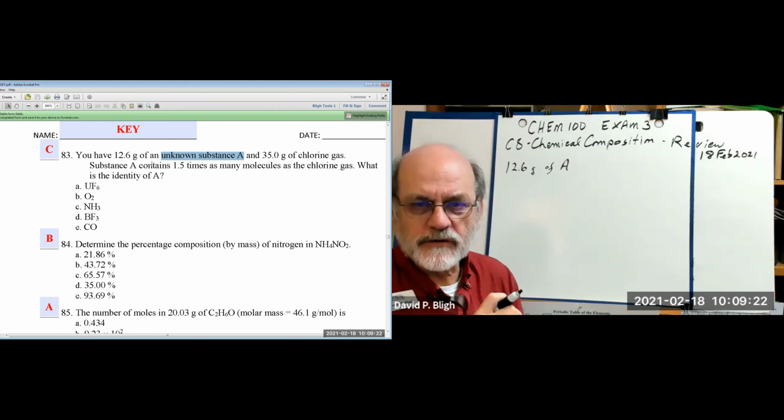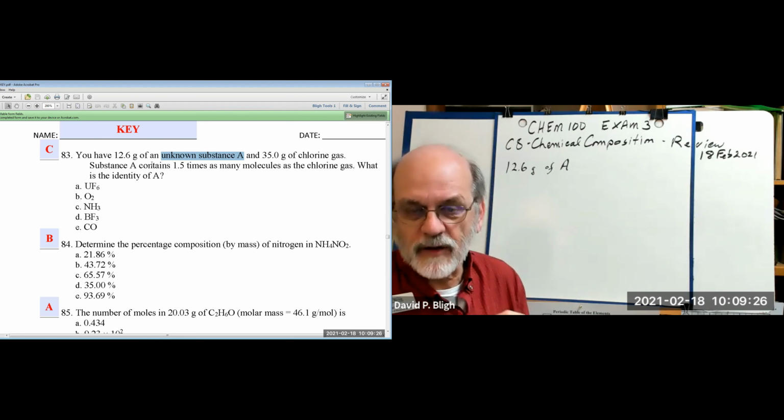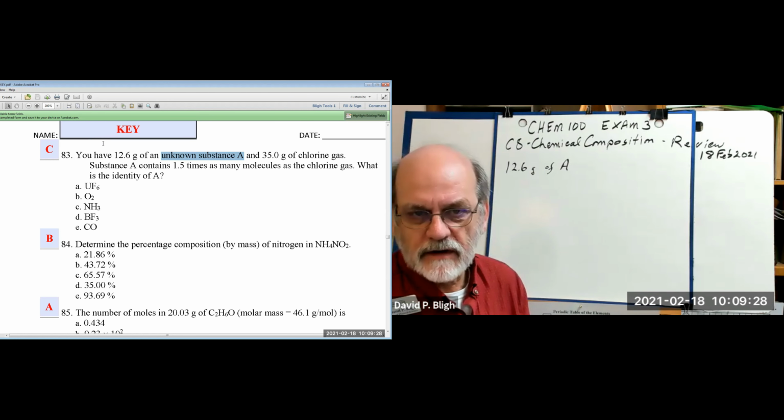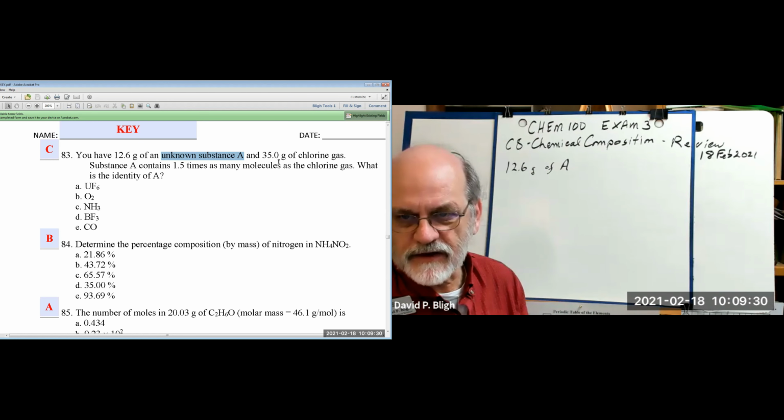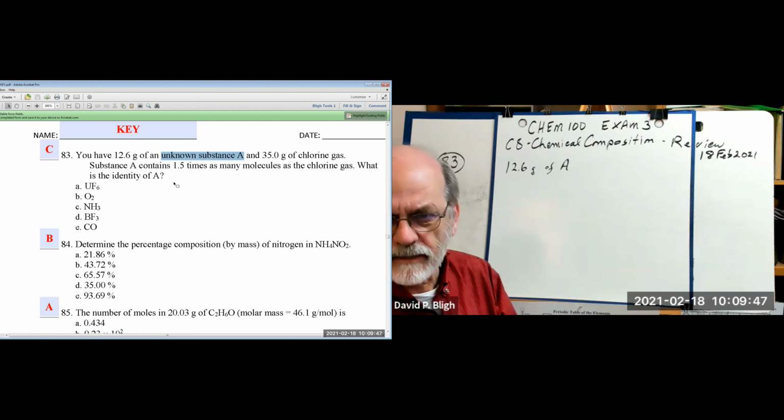I think, based on the way the question is worded, that A is an element, because they're saying you have this much of A and this much of chlorine gas. And then they say substance A contains 1.5 times as many molecules as chlorine gas. What's the identity of A? That's a poorly worded question.